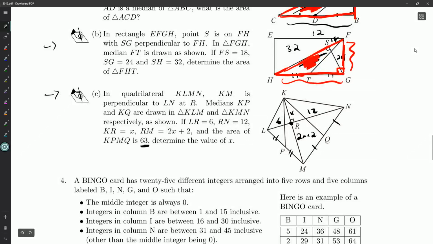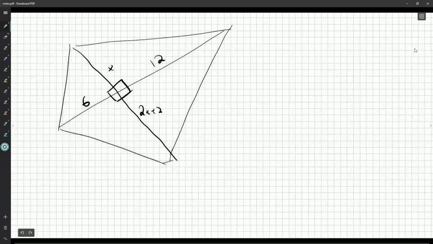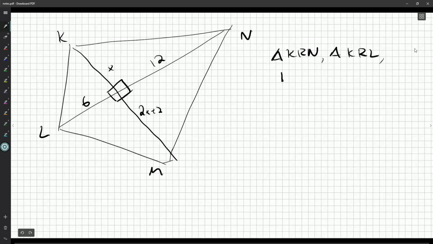So I have a bunch of little right angle triangles. So what was this? K, L, M, and N. So triangle KRN, KRL. Well, let's do this in an organized fashion, otherwise it's going to upset me.